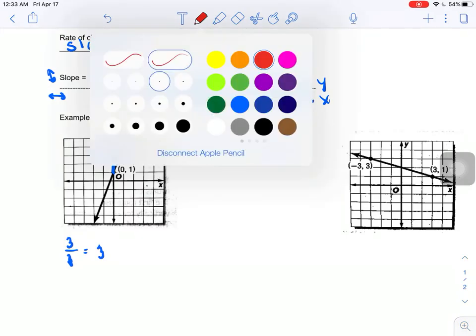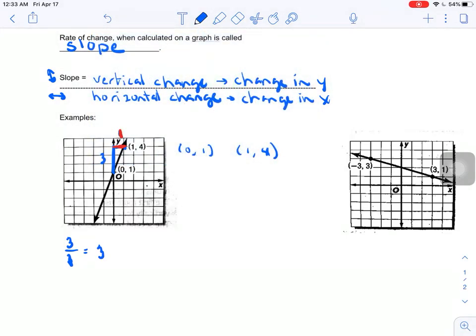I'm actually going to change colors here because it's going to make it a little easier for you to keep track of things. So we're going to do our vertical change in blue. When we were looking at our vertical change, which was 3, so we were measuring on the y-axis, well, that started at 1 and it ended at 4. So what I was looking at was these numbers right here. So another way to get the vertical change is to take the 2 y coordinates and to subtract them. 4 minus 1. I can do something really similar with the x.